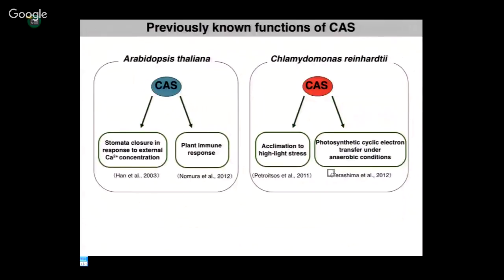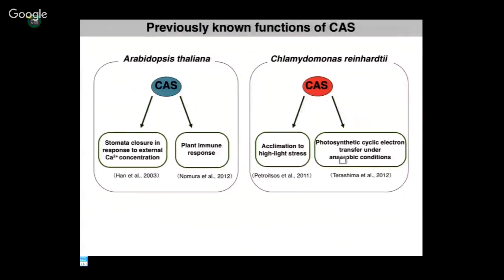And also the other group in Germany supports that cyclic electron transfer in the photosystem is affected. This is a very big argument between us: whether cyclic electron flow is needed to support the CCM itself.